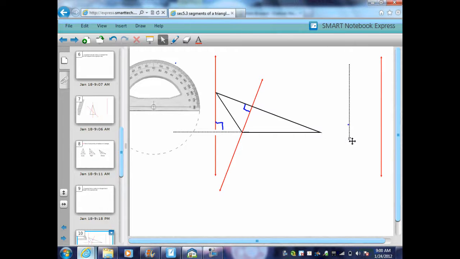Notice I have another dotted line. That dotted line is used to create an altitude from this vertex to this side. To do that, I would double click on that segment and rotate it so it would extend through that segment. Let's order this.